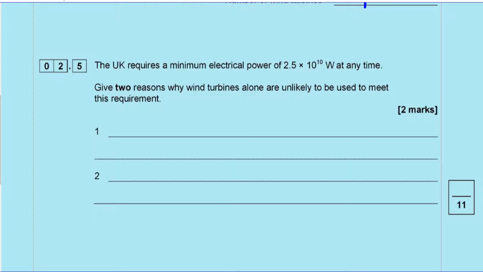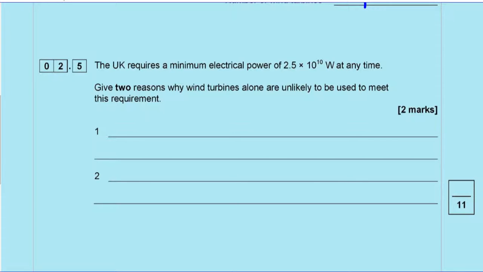And the final part of the question is that the UK requires a minimum electrical power of 2.5 times 10 to the 10 watts, and we've got to give two reasons why wind turbines alone are unlikely to be used to meet this requirement. So this is basically saying, why don't we just use wind turbines to meet all of the UK's demand for electricity?